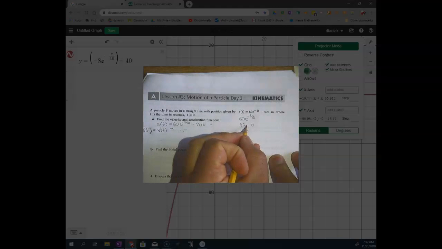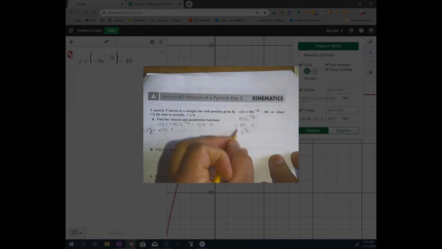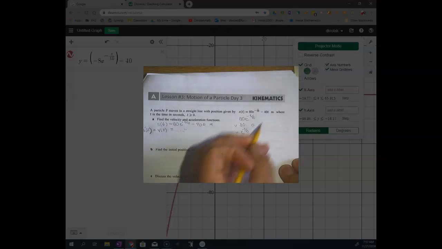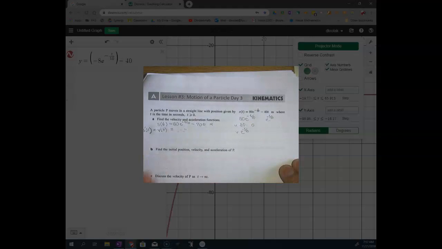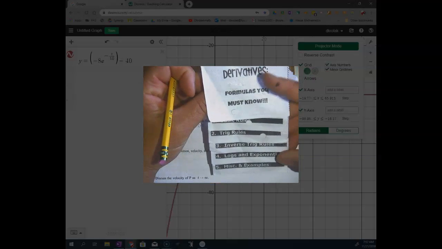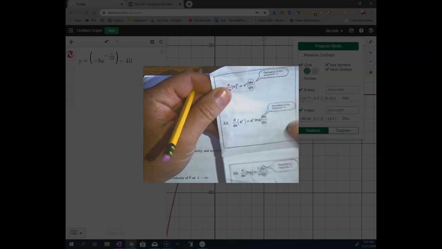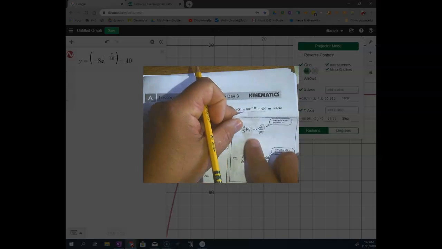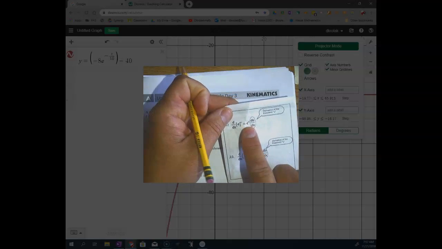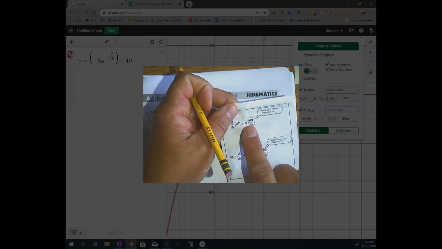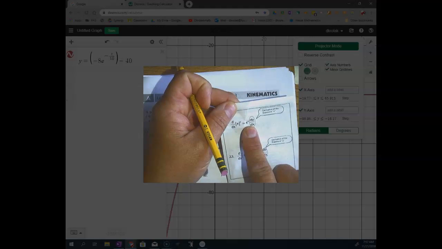If this was u and this was v, the derivative of e to the negative t divided by 10. If you remember back when we did our derivative rules, the derivative of e is itself times the derivative of whatever the exponent was.